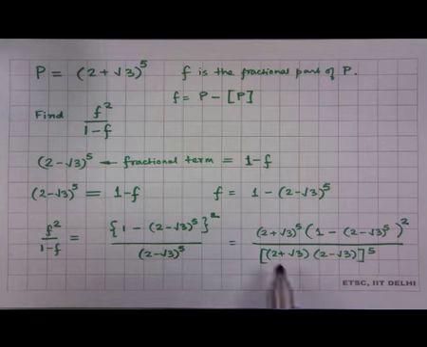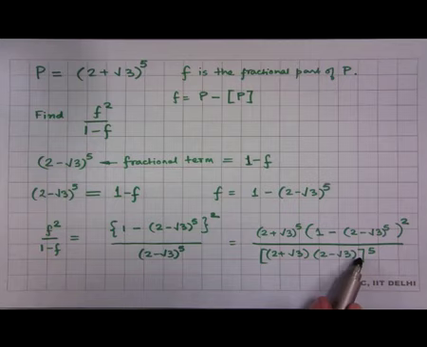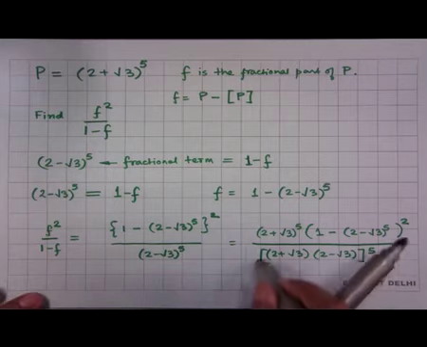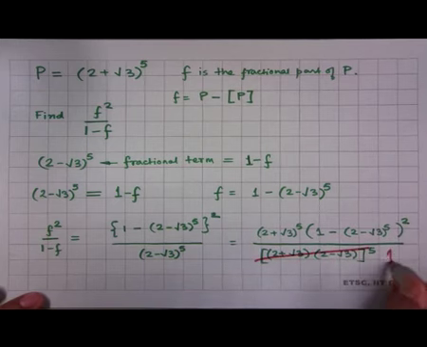Okay. And (2 plus root 3) times (2 minus root 3) is 4 minus 3, which is 1, 1 whole power 5 is 1. So, this whole thing is just 1.